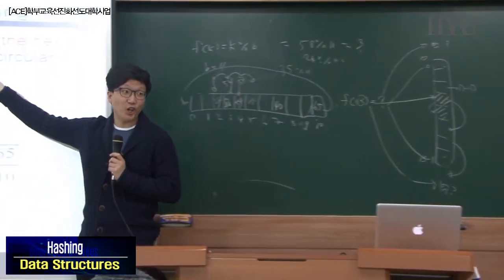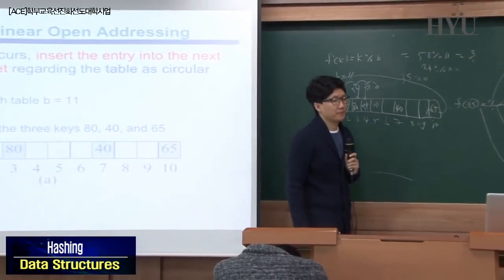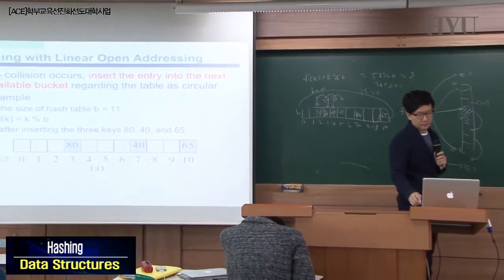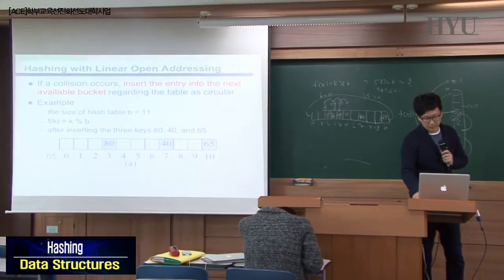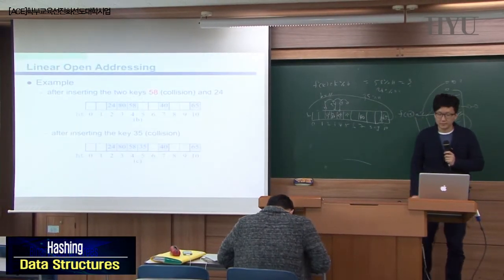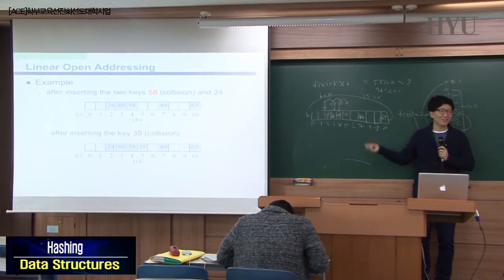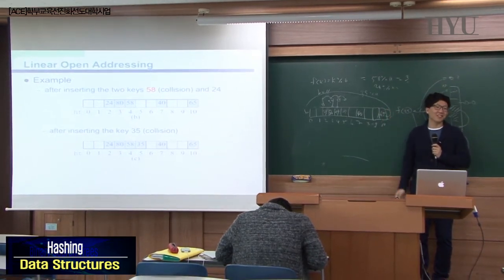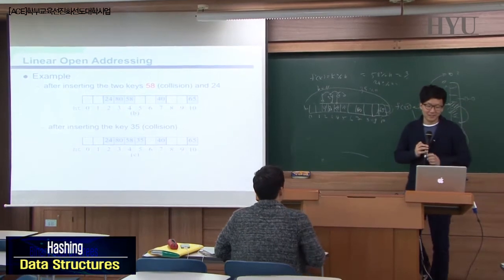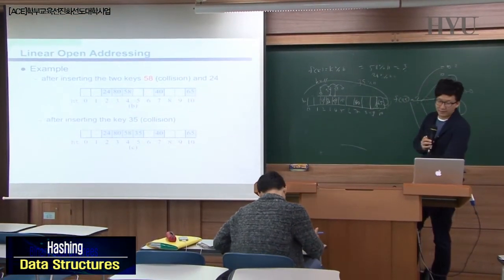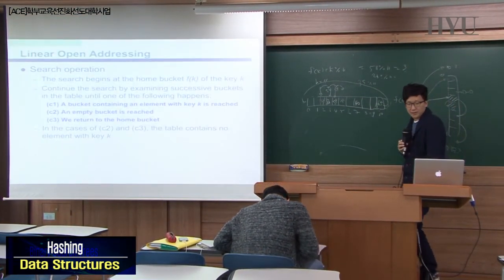Table as a circular. We're still in the array part. So, okay, 35 that. So you get the idea.